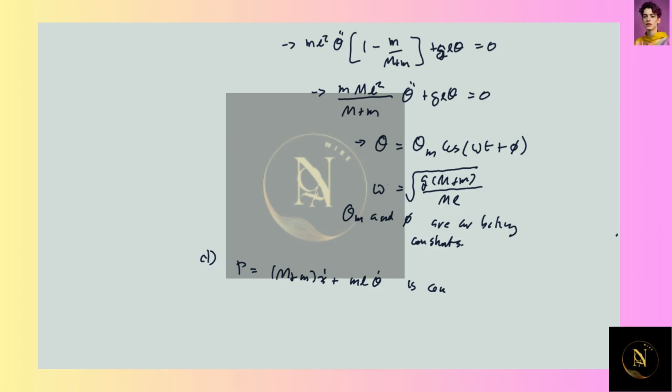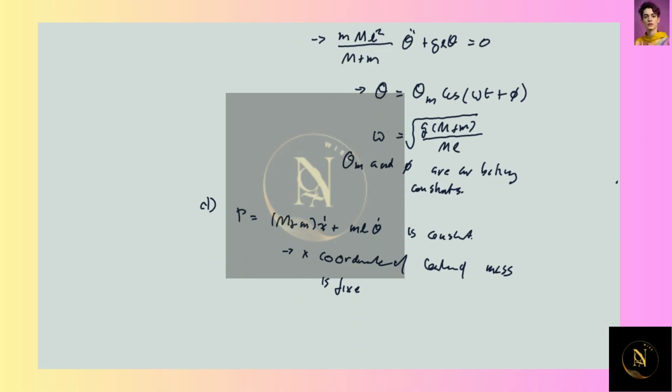So we have motion around the center of mass in the x direction. So the x coordinate of the center of mass is fixed. Okay, so that's what's important.